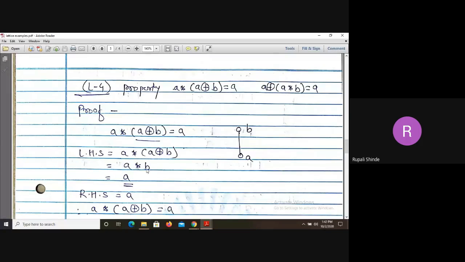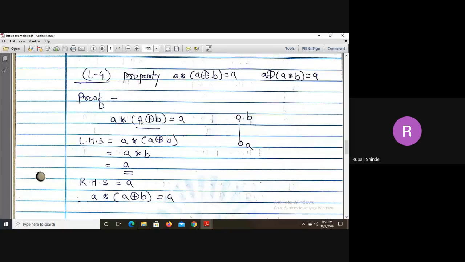Again, A ∧ B. What does A ∧ B mean? Greatest lower bound of A and B, and that is A. So the answer for this LHS is A. Now check for RHS. RHS is given as A only. So we can say this LHS is equal to RHS. So here we have written the proof for the first statement.